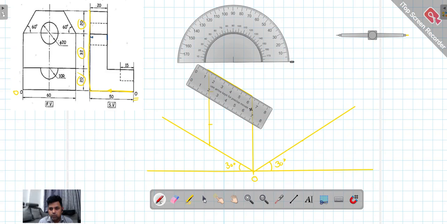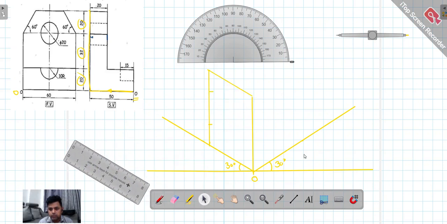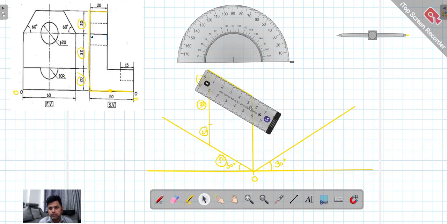So if you talk about this left hand side now, for your understanding, I'm marking this as a 50 length, this as a 20 length. You are not supposed to mark like this. This is for your understanding. This is 32 and this is 20 we have marked. Okay. Now see, from here to here it is 20. So yes, we can mark this as a 20.